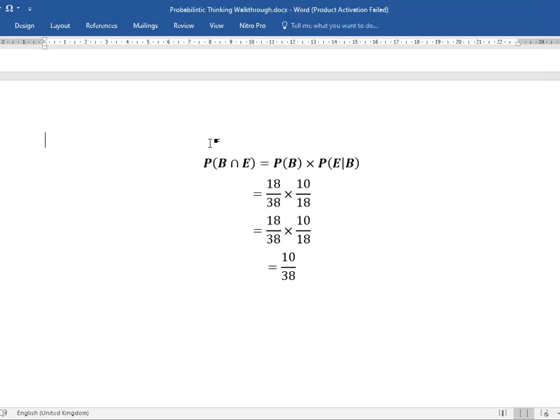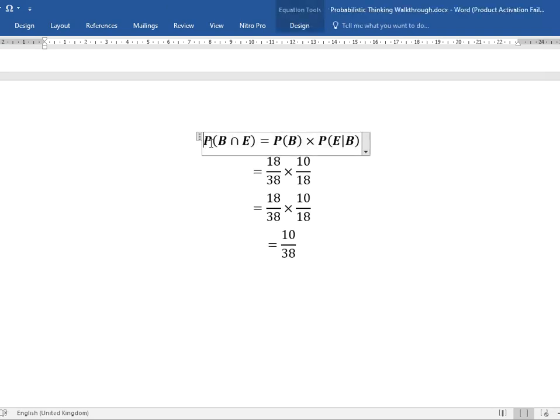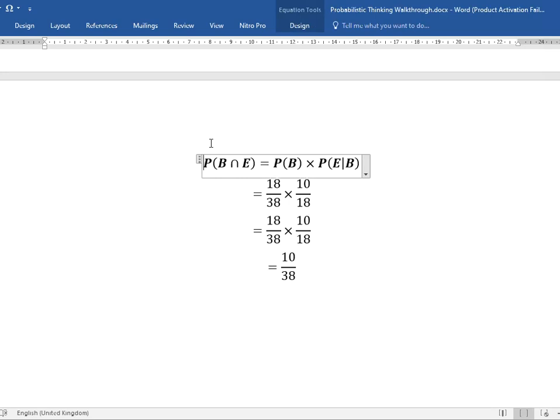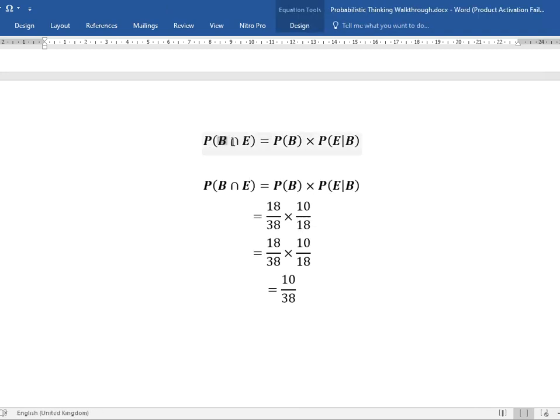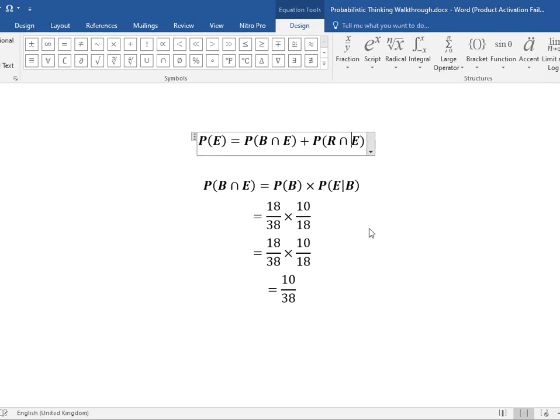So we're going to first consider the fact that probability of E is probability of B intersect E plus what? Probability of R intersect E. Yes, thank you very much.